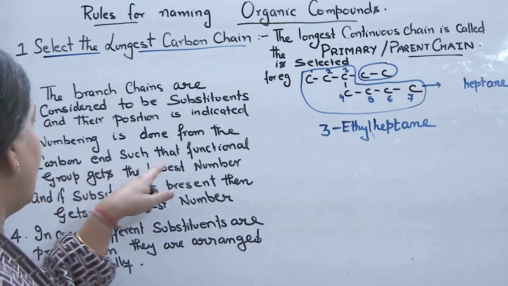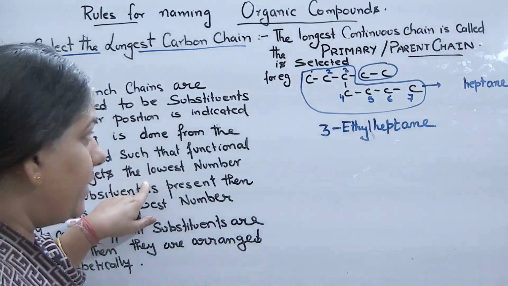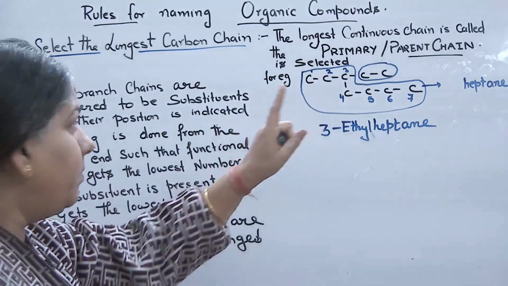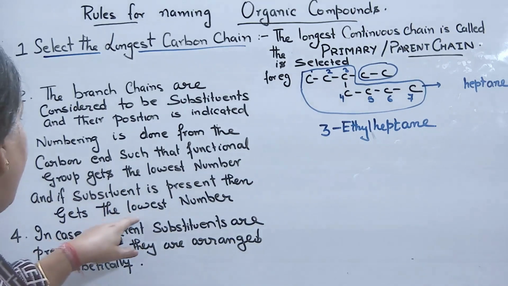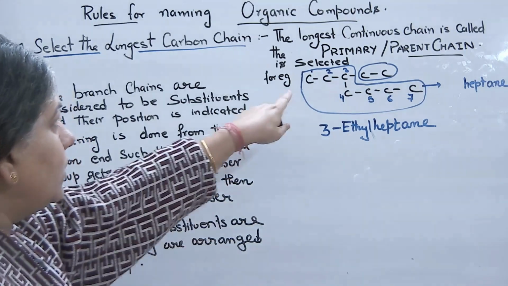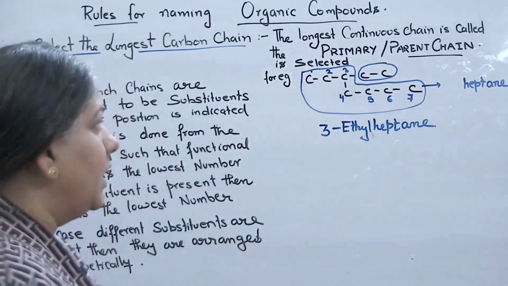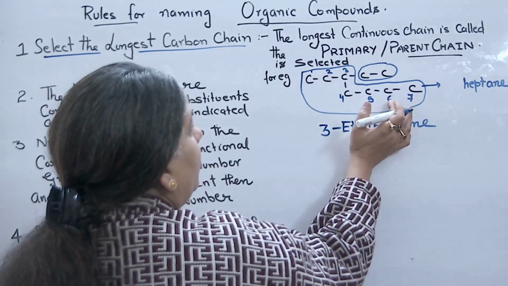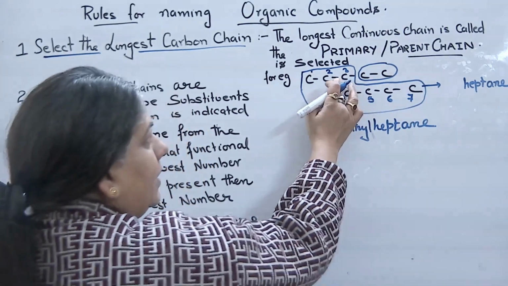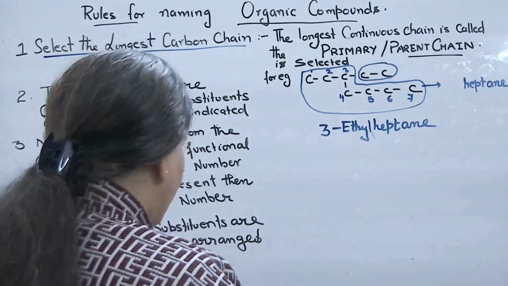Numbering is done from the end such that the functional group gets the lowest number. There is no functional group here, so we'll skip this. And if a substituent is present, then it gets the lowest number. So if we start numbering from here, it gets number 3. If we start numbering from the other end, it would get 1, 2, 3, 4, 5. So that will be wrong. I'll draw it again.